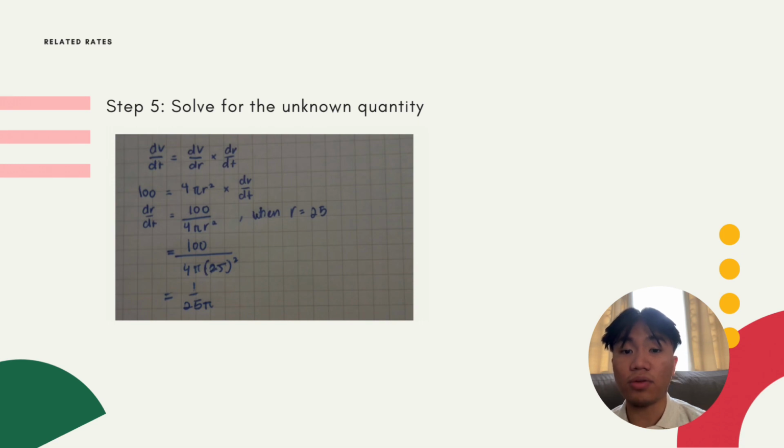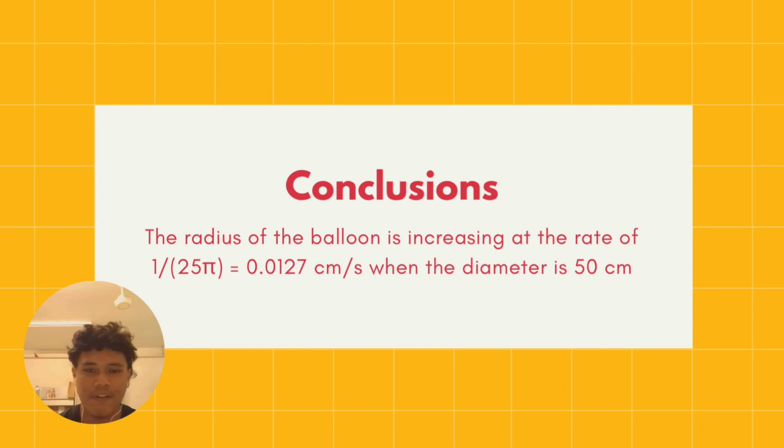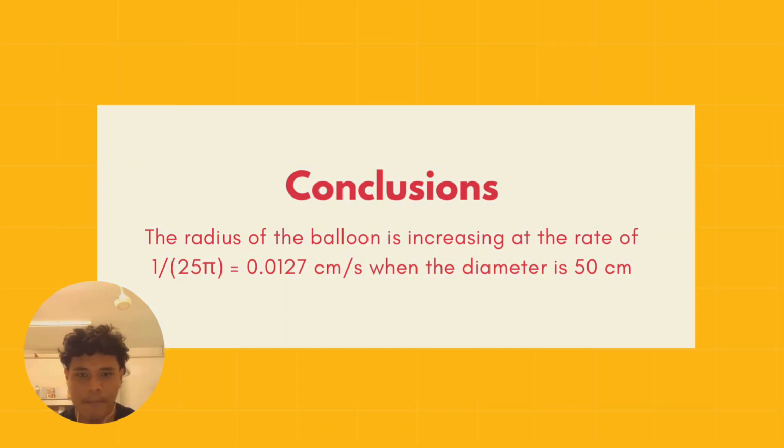Next, we need to substitute r with 25, so it becomes 100 over 4 pi times 25 squared. Solving it, we get the final answer, 1 over 25 pi. In conclusion, the radius of the balloon is increasing at the rate of 1 over 25 pi, which is equivalent to 0.0127 cm per second when the diameter is 50 cm.